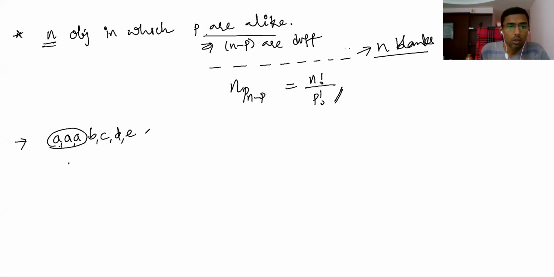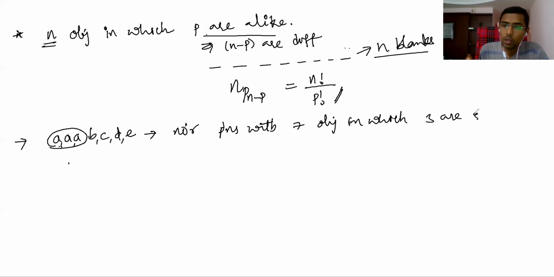So now the number of permutations with 7 objects in which 3 are same.